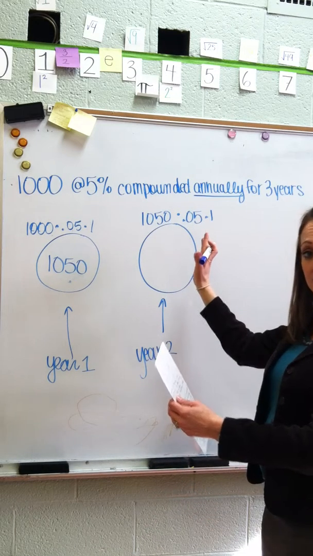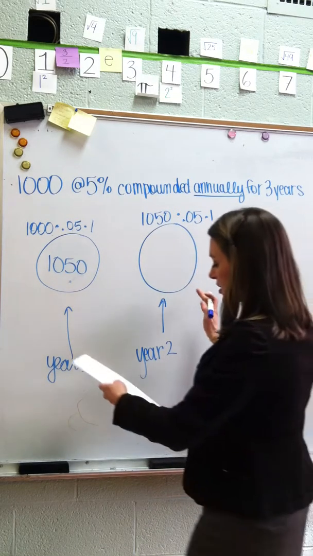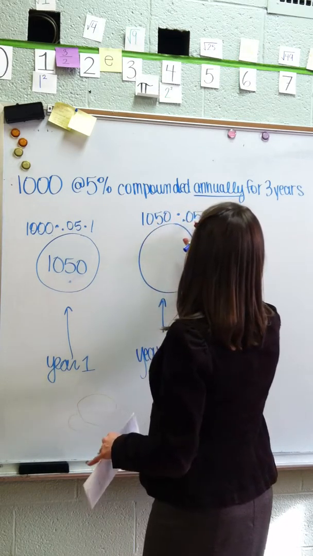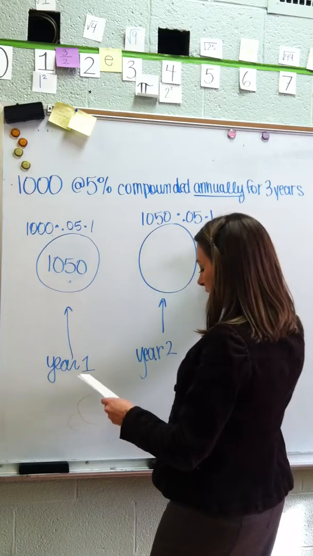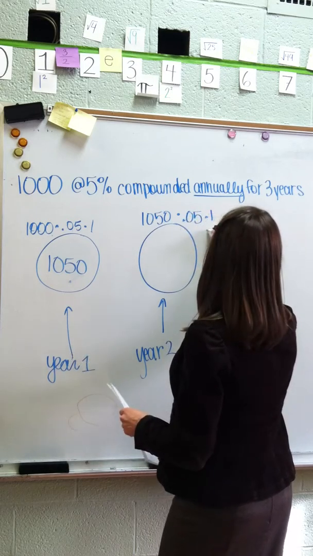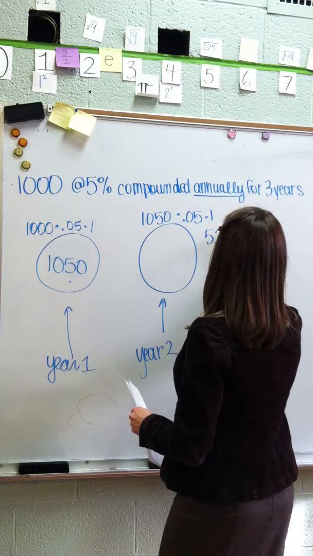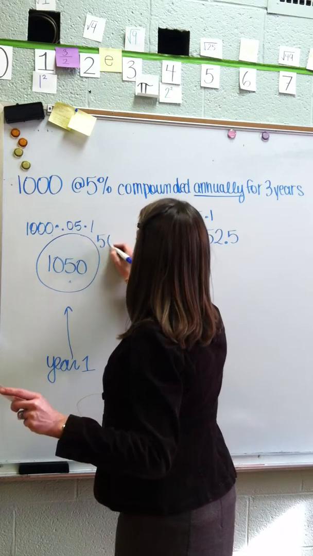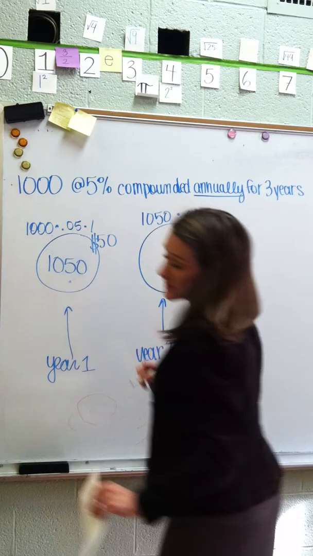Does that make sense? I already crunched my numbers for you. So 1,050 times 5% for 1 year is going to give me $52.50. Let's think about this. The first year I got $50.